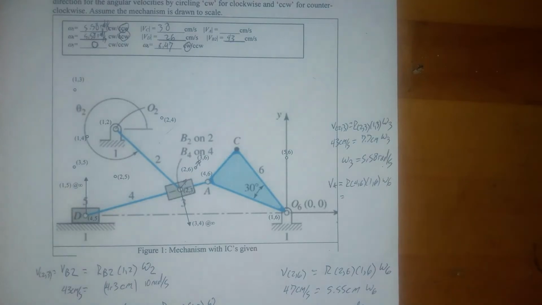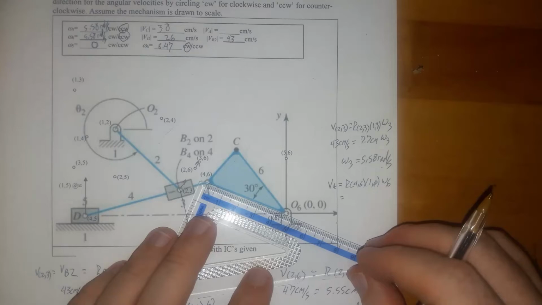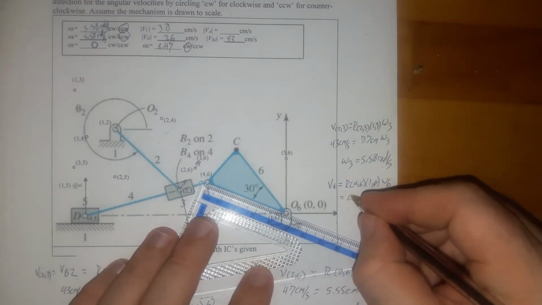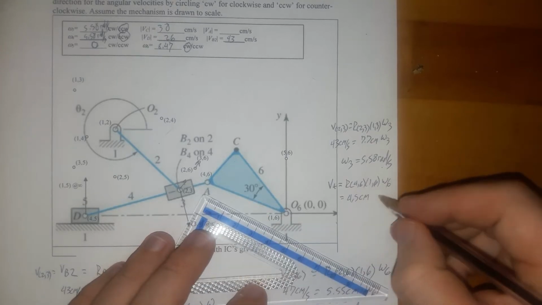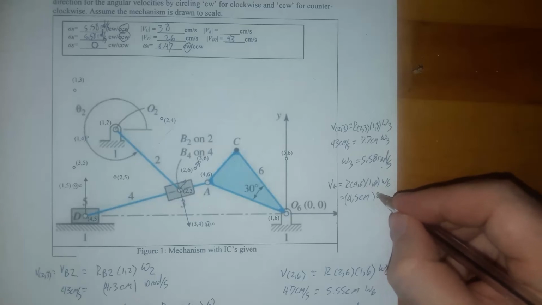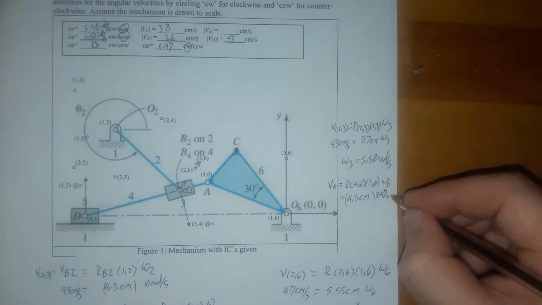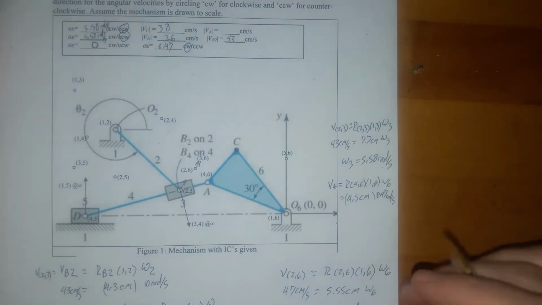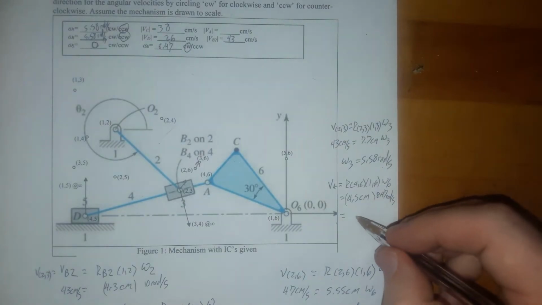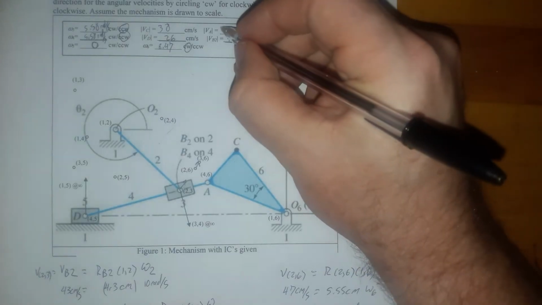And so that'll give me a distance of 4.5 centimeters times omega 6, which is 8.47. And actually that's the same numbers I had for VC. So VA is just the same distance away as VC, and so they're going to be both 38 centimeters per second.